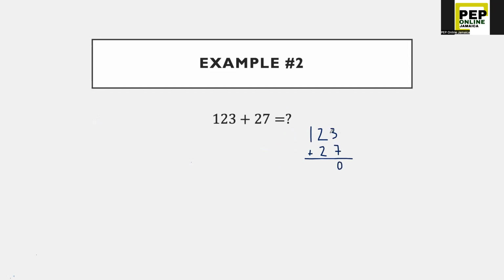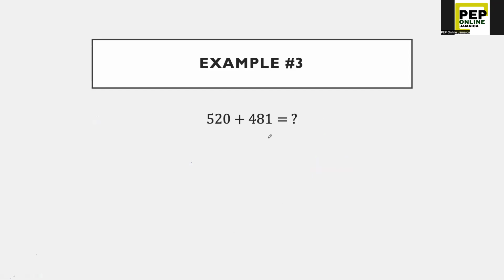Put the 0 down. We carry the 1 in the tens position. 2 plus 2 is 4, and 1 will give us 5. Nothing to carry. And the only thing that is left in the hundreds position is the 1. So when we add 123 plus 27, we're going to get 150.